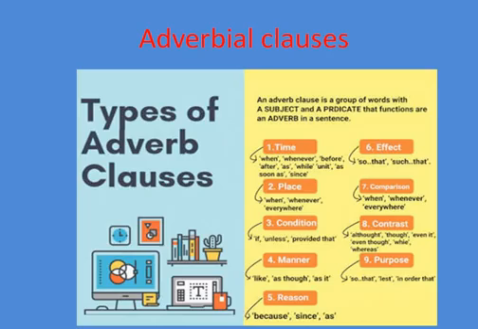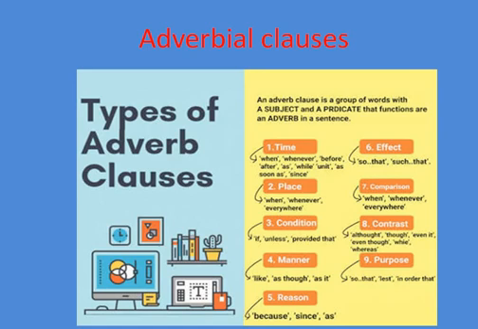For example, if you're talking about time, you can use conjunctions like when, whenever, before, after, as, while, until, as soon as, since.